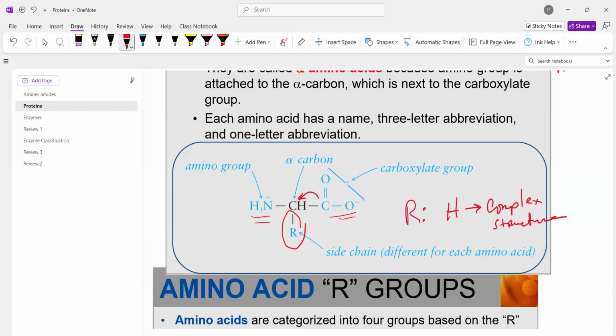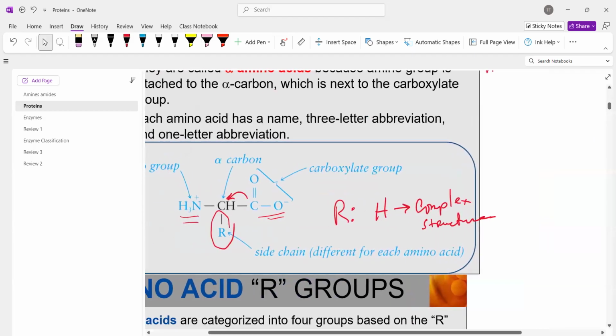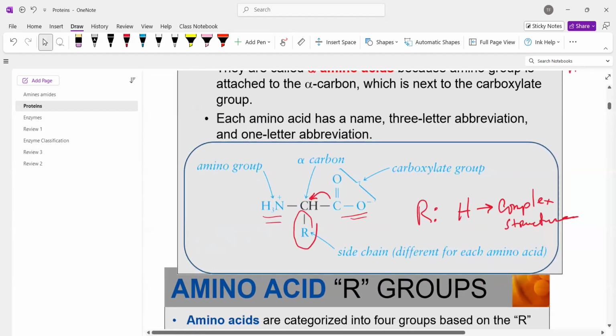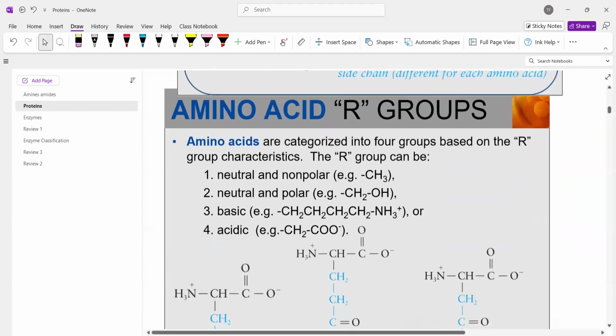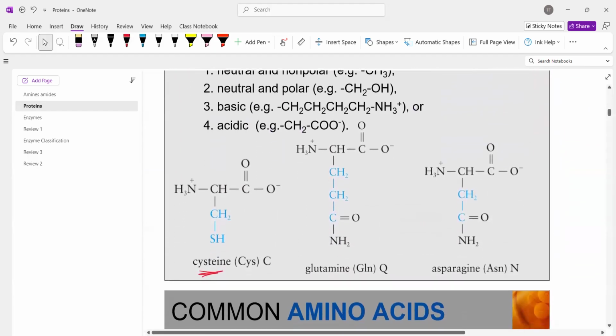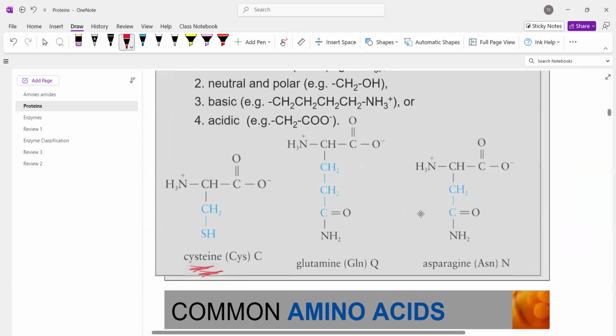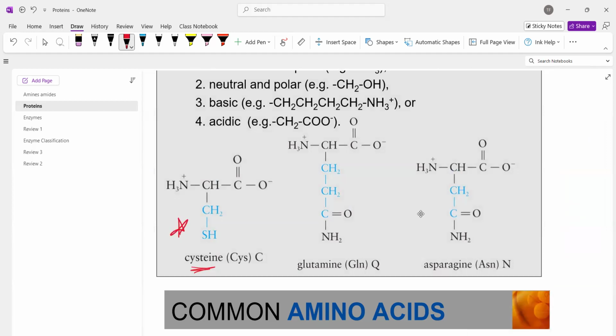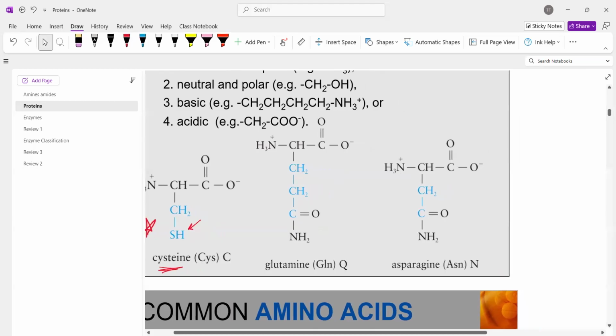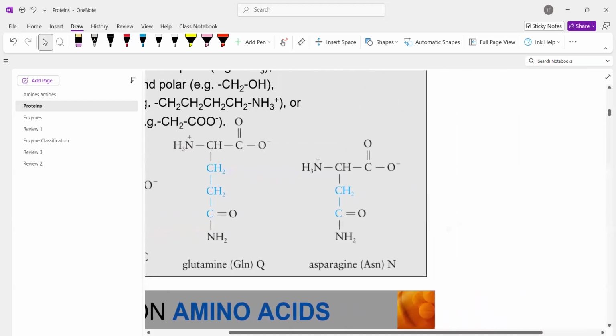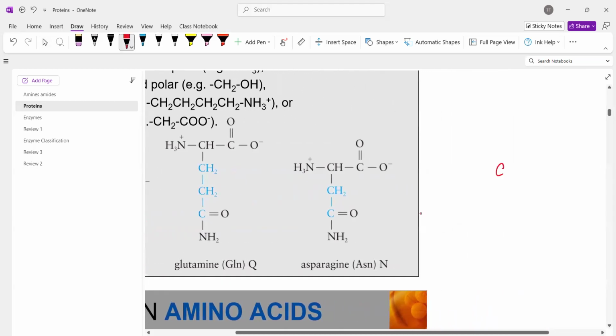Now, what I want to do is look at two amino acids as examples. Okay, cysteine, which is a really important one because of the thiol group. So we have the alpha carbon.